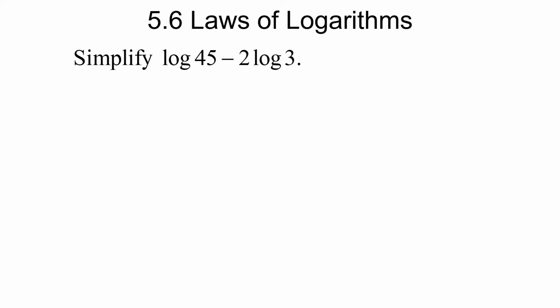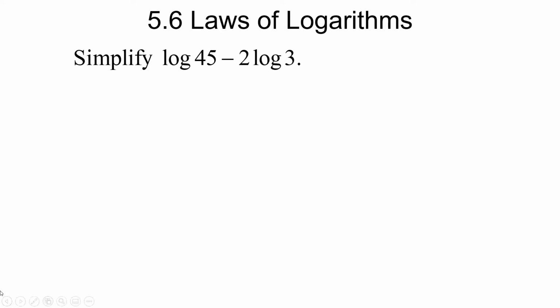But let's find out, what is the common log of 45 minus 2 times the common log of 3? And my calculator is telling me I'm getting 0.698970043. Oh my.